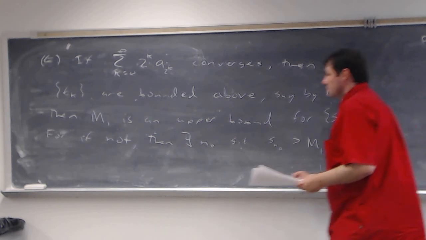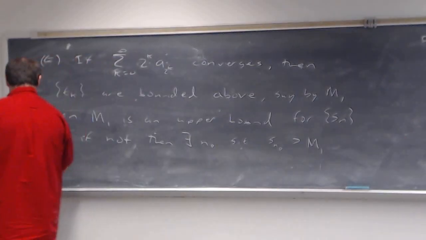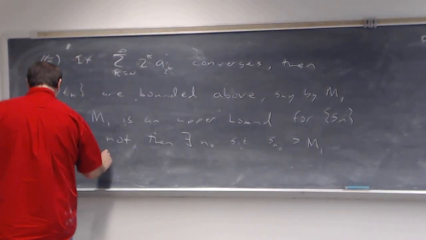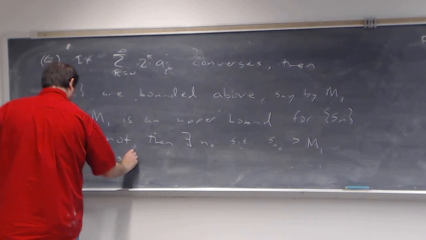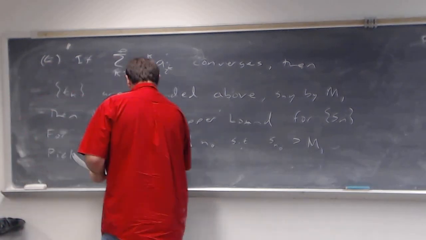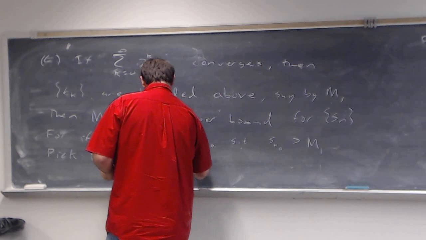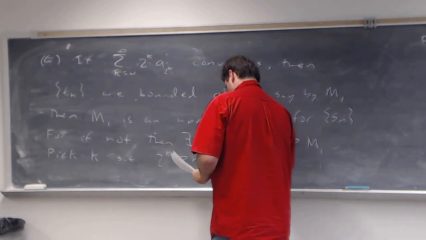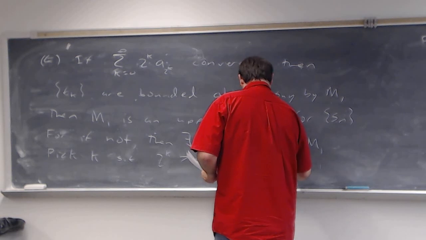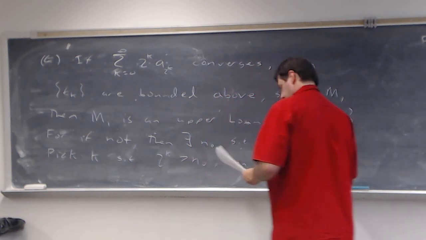Now, if we pick k such that 2 to the k is greater than n sub naught, then the t sub k will be greater than m sub 1, and that's a contradiction.